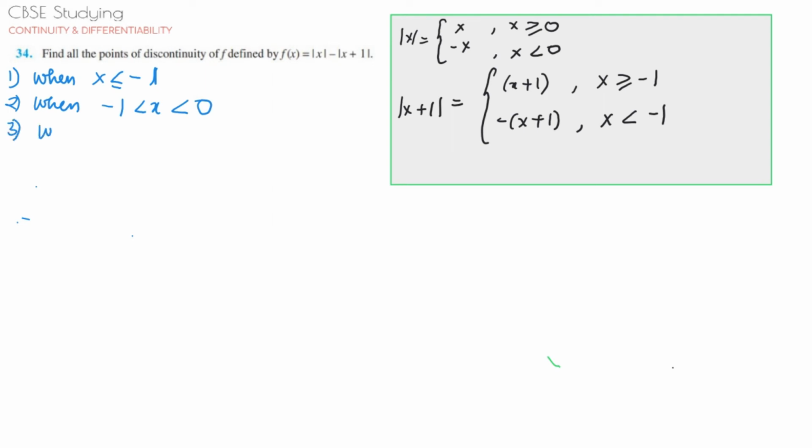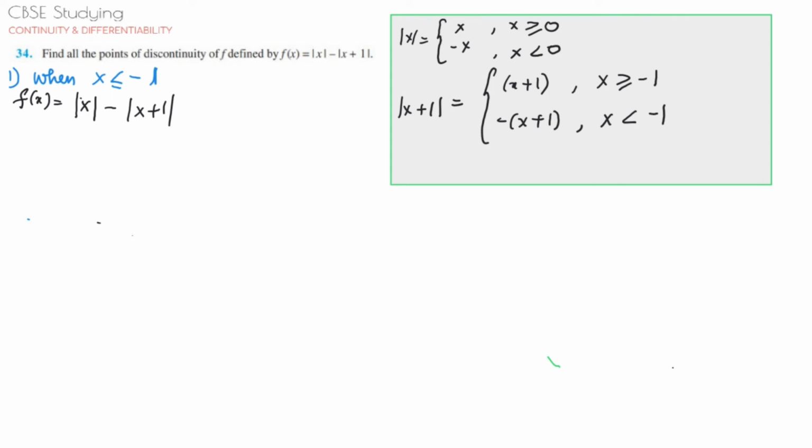And third case is going to be when x is greater than or equal to 0. So basically we are checking at point 0 and minus 1. Okay. Now if I have to evaluate what happens when x is lesser than or equal to minus 1.